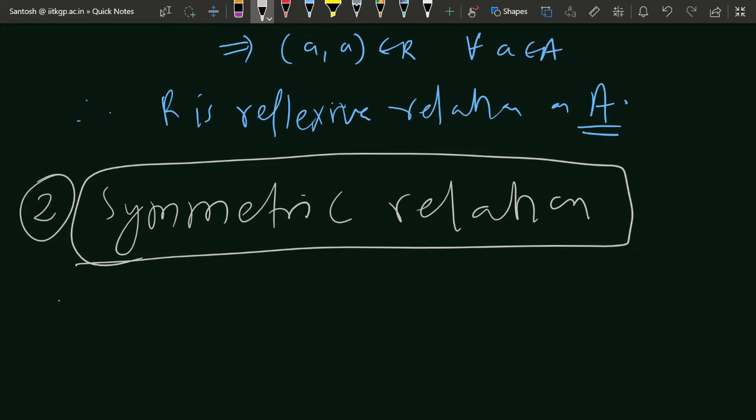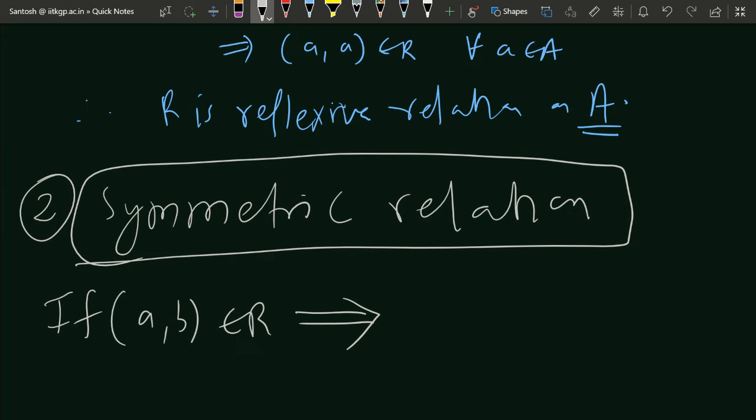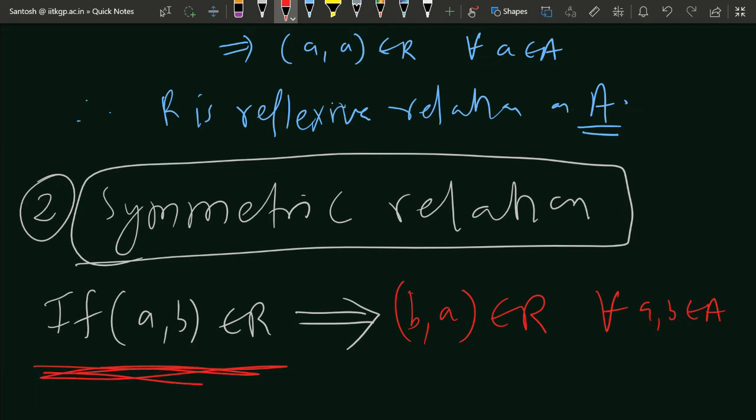Okay, so you may write it like that: if (A, B) belongs to R, so the meaning is A is related to B, then this implies (B, A) belongs to R, for all A, B belongs to A. You need to check whether this happens or not. If it is happening, then it is symmetric.